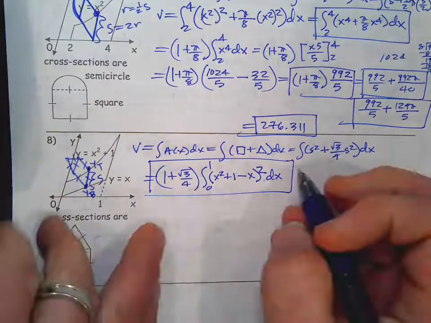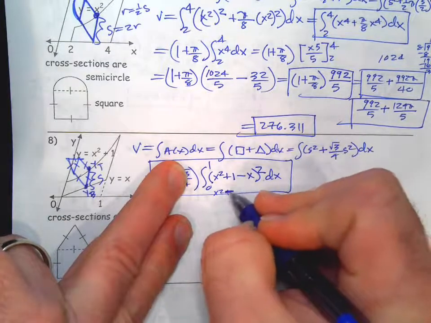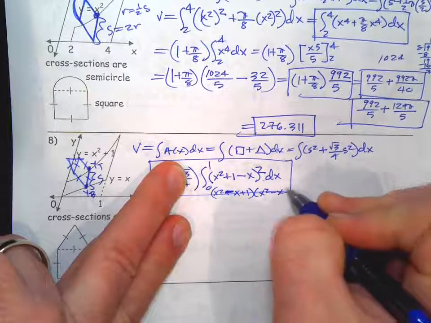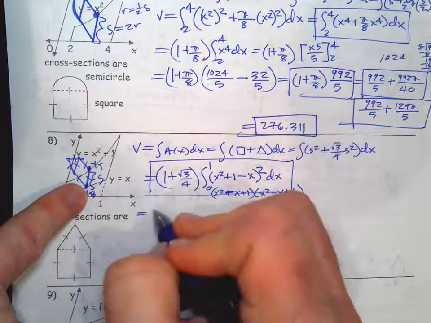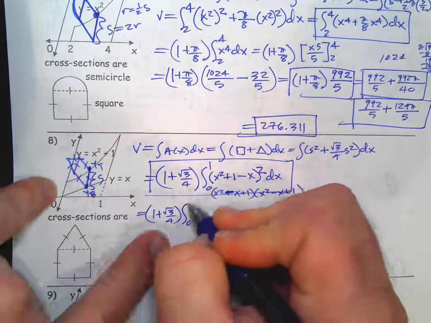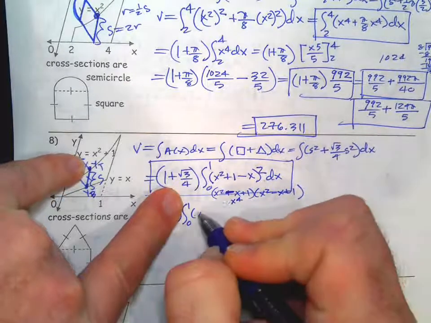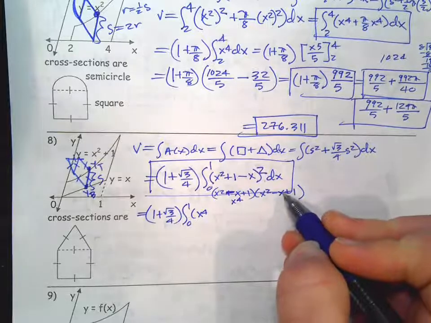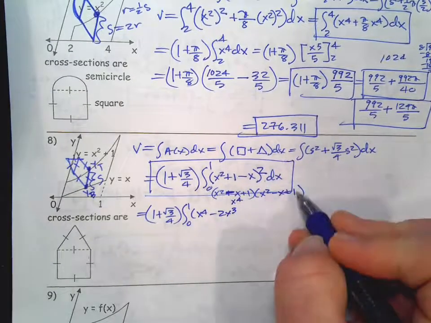If we're going to do it by hand, because we like to do all this extra work, we would have to FOIL this out, which is going to be a good fair amount of terms. So it would be x to the fourth, plus or minus x cubed, another minus 2x cubed, and then you get an x squared.